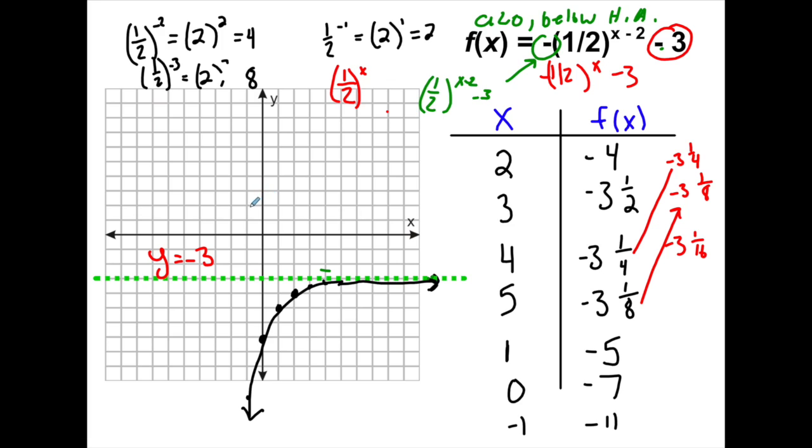Okay, so what we'd get is something like this. It's actually the opposite of 2 to the x in a sense. You can see its asymptote is 0.